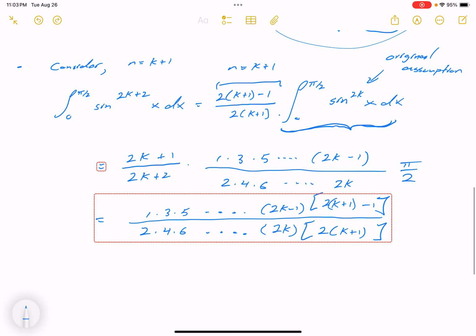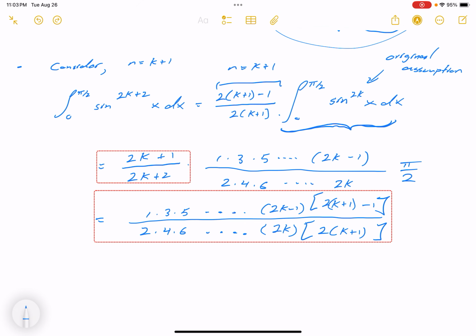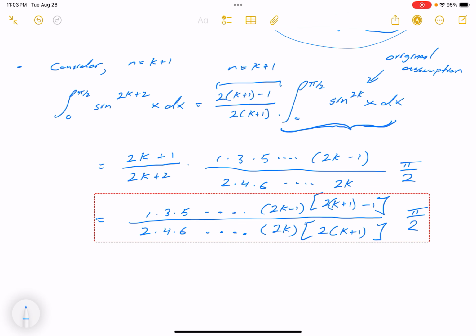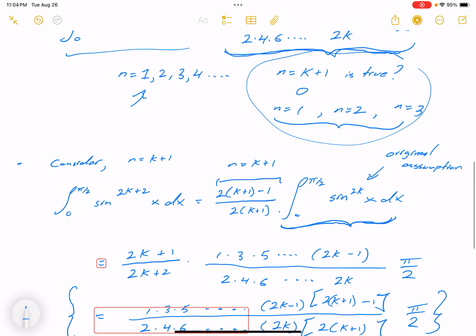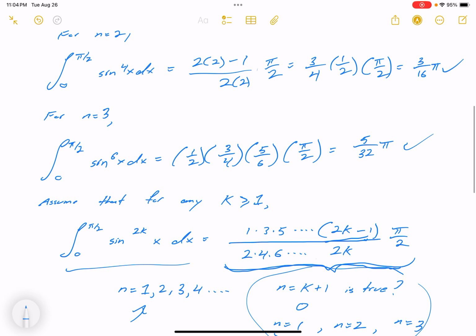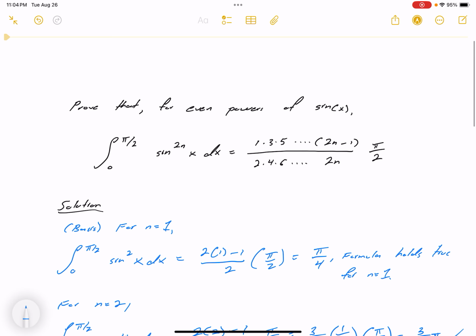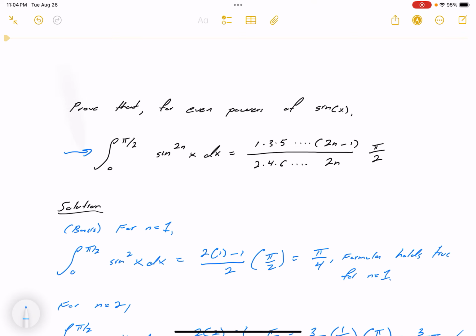So now that we have our pi over 2, don't forget your pi over 2. So now that we have this statement here, it is basically the same thing as our original statement, our original thing that we want to prove.